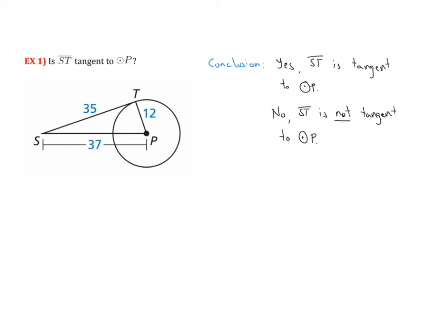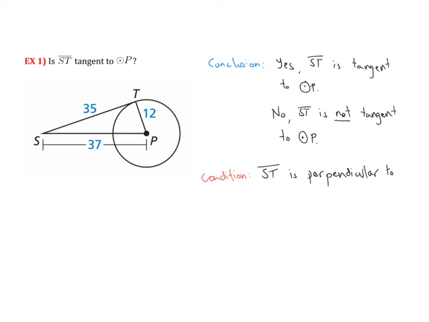Now, in order to make these conclusions, in order to figure out whether segment ST is tangent or not, from the theorem earlier, the condition that needed to be met said that the segment ST needs to be perpendicular to the radius.